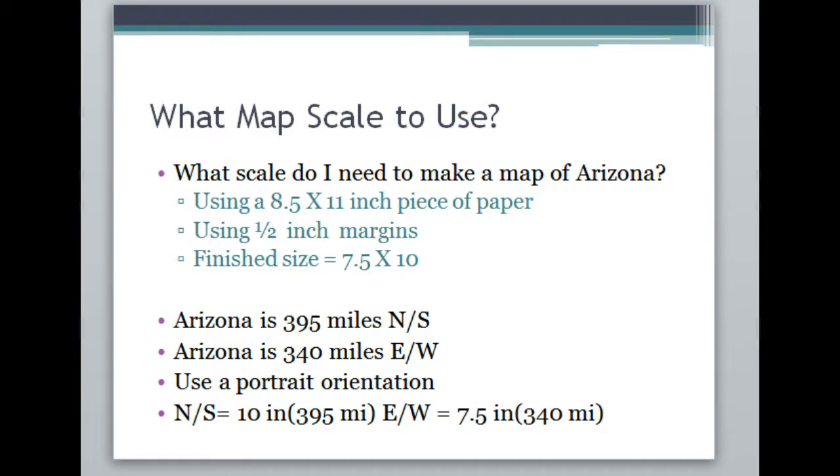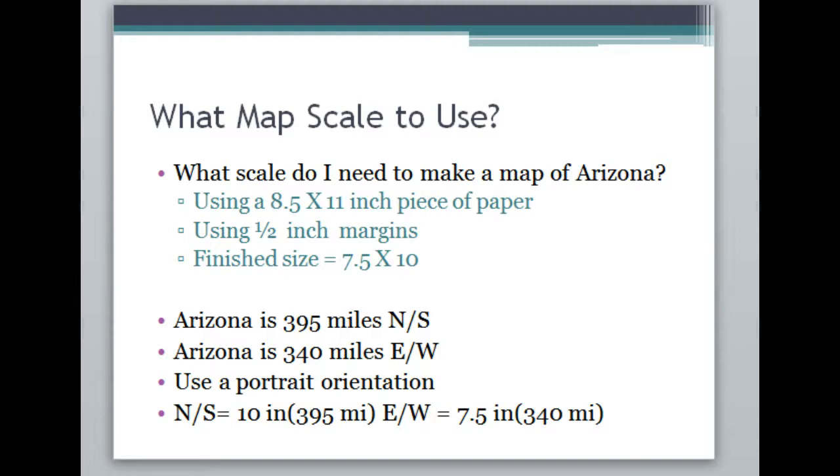So I have to decide which orientation Arizona is going to be. Is it longer north-south or is it wider east-west? So it looks like Arizona is longer north-south. So I'm going to put that on the 10-inch side, right? So I'm going to turn my paper into portrait orientation so I can fit that north-south area there.